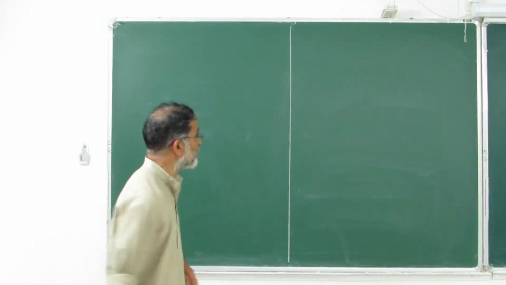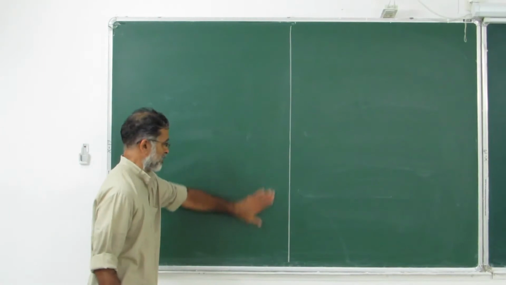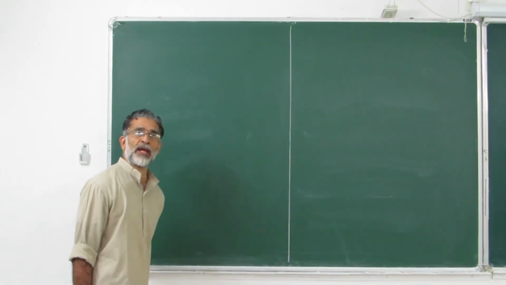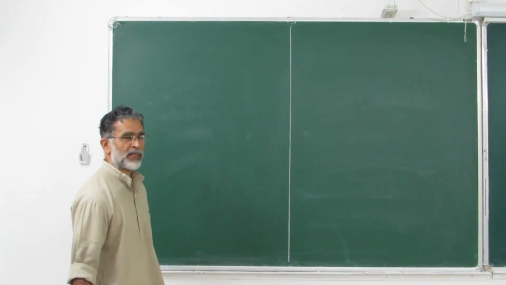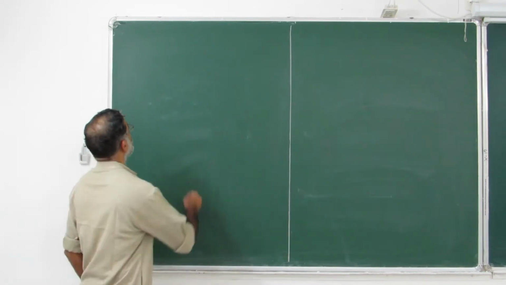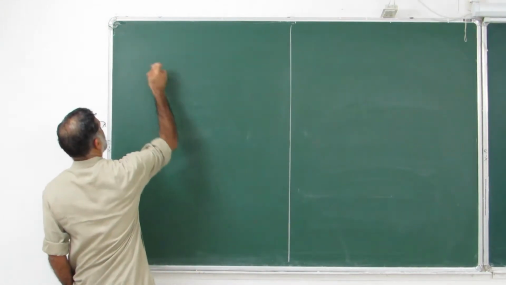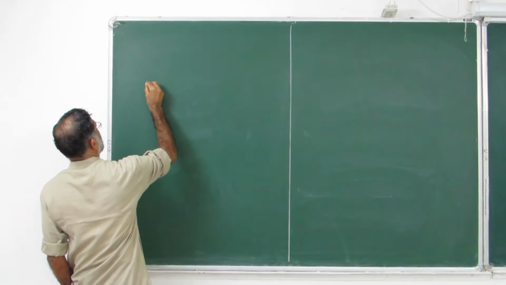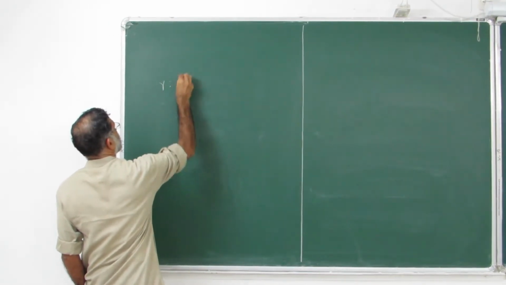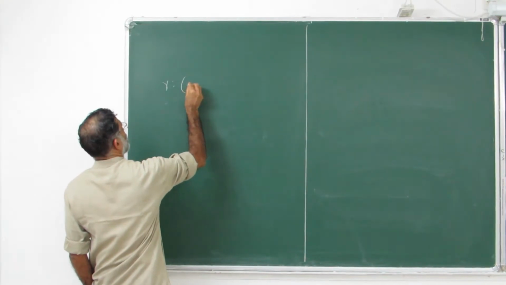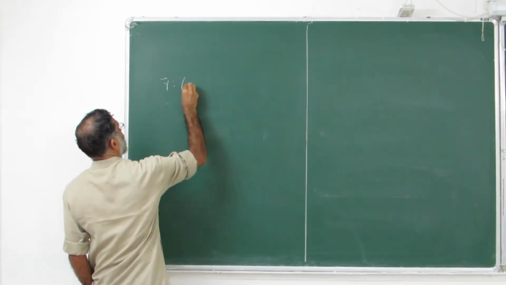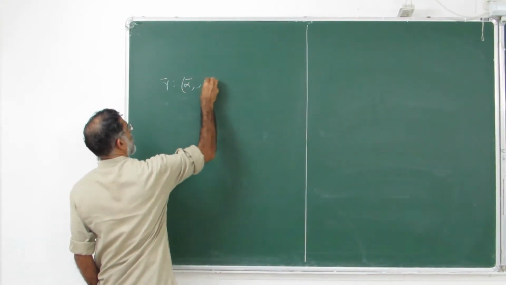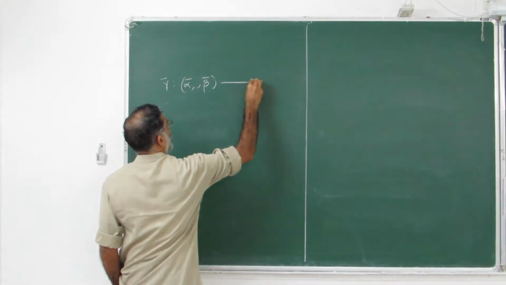Okay, so today we look at what happens if you take different parameterizations of a curve. For instance, let's take a unit speed parameterization, call this gamma bar, from alpha bar, beta bar to Rn.